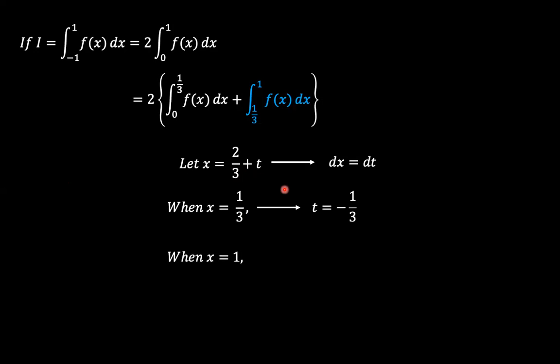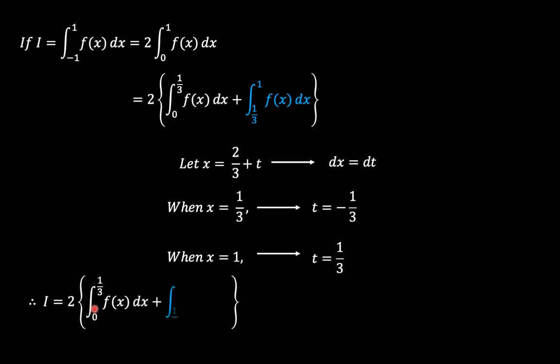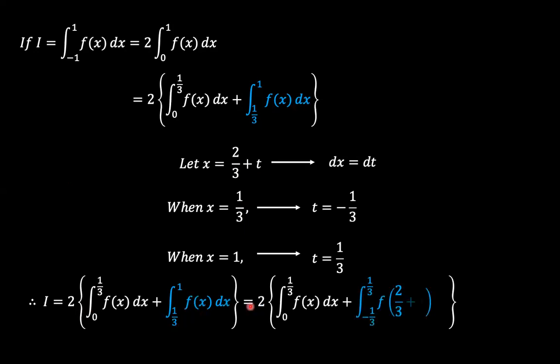And when x equals 1, 1 minus 2/3 means t equals a third. So I is equal to twice the integral of f(x) from 0 to a third plus the integral of f(x) from a third to 1. It is equal to twice the same integral plus the integral of f(2/3 + t) from negative a third to t equals 1 over 3.